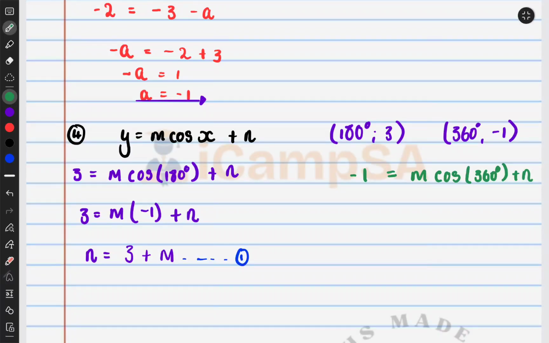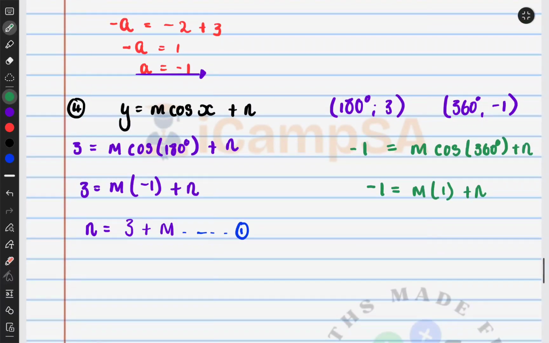It is 1. Therefore, -1 is equal to m into 1 plus n. Therefore, we make n the subject. n is equal to -1 minus m. This is equation 2.